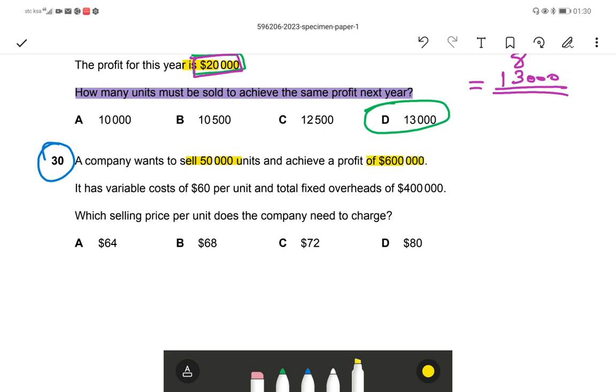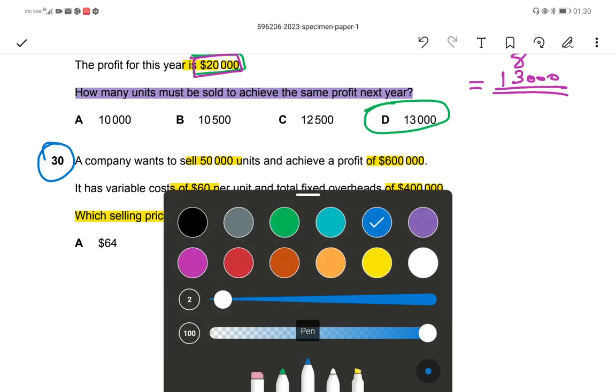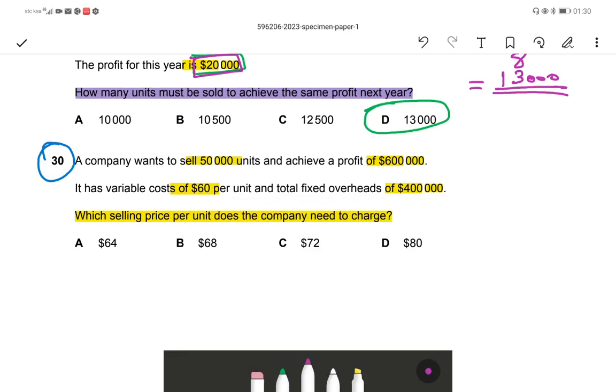Its variable cost is 60. Total fixed overhead is 4 lakh. Which selling price per unit does the company need to charge? The company has to get a profit of 6 lakh. Then profit is the value added, so cost plus profit must be the sales revenue.